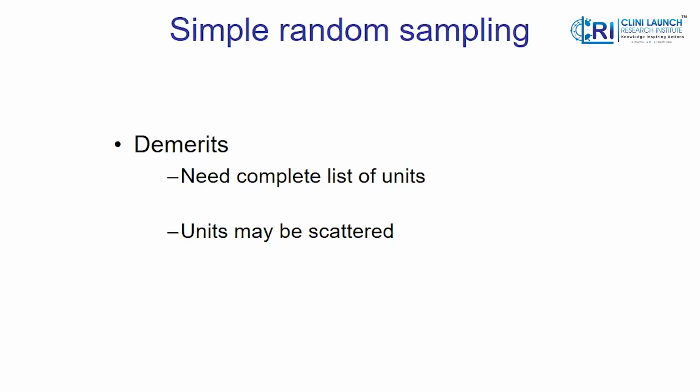It can also be expensive if personal interviewers are required, since the sample may be geographically spread out across the population. That is the second point, units may be scattered across the geographic area. So it is very difficult to draw the sample.